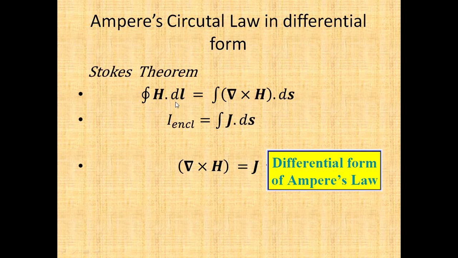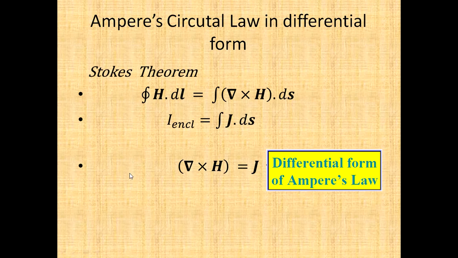Considering the total current in all three directions, we get the closed integral of H bar dot dl bar equal to the surface integral of del cross H bar dot ds bar. This is basically Stokes' theorem, which converts the line integral into a surface integral. And I enclosed is nothing but the integral of J bar dot ds bar. Comparing these two integrals, we get del cross H bar is equal to J bar.